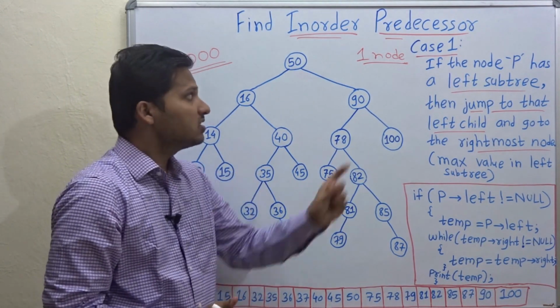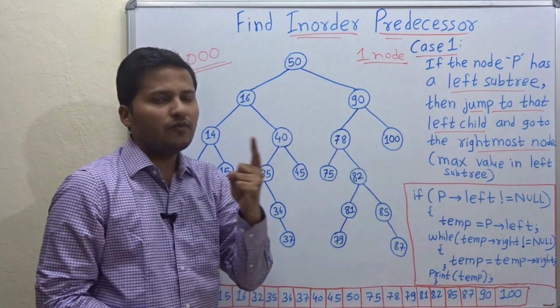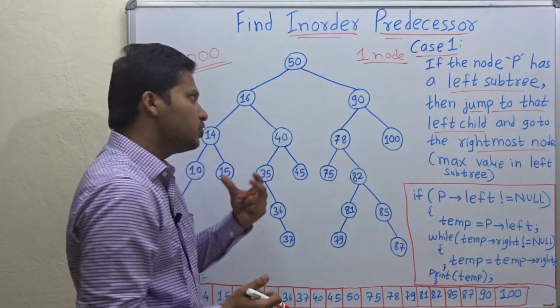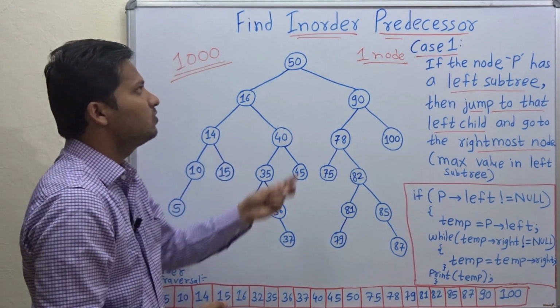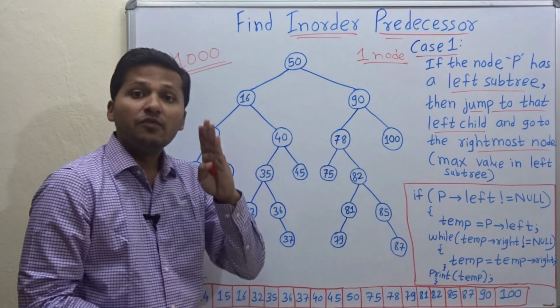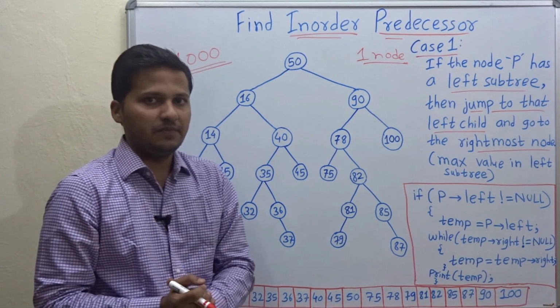And that too just for finding out the in-order predecessor of a single node. So we should have a mechanism which allows us to find out the in-order predecessor without finding out the in-order traversal of the binary tree.